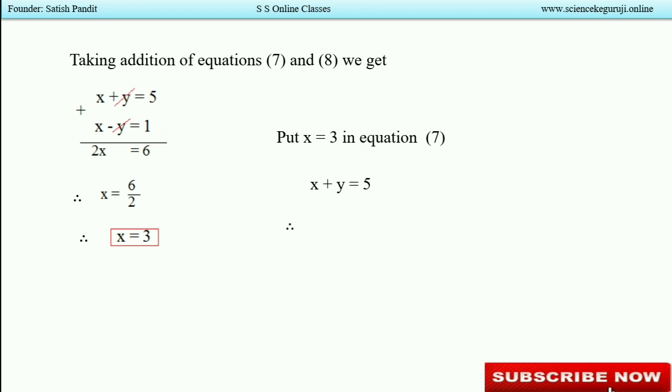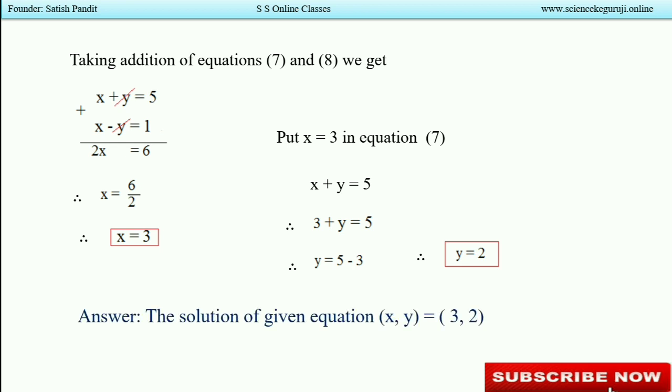So 3 plus y is equal to 5, so we get y equal to 5 minus 3, y equal to 2. So here we get the solution. Write down the complete answer. Answer: the solution of the given equations, ordered pair (x, y), is x is 3 and y is 2.